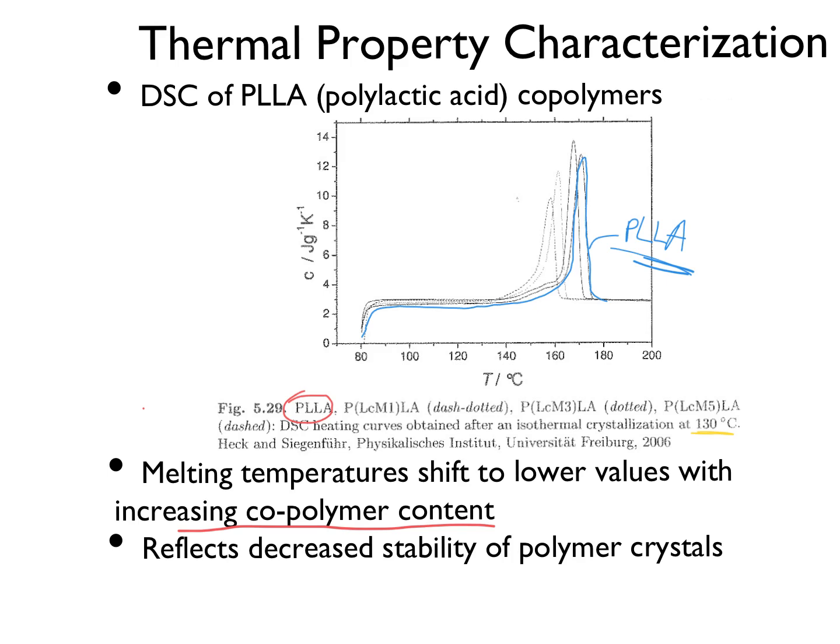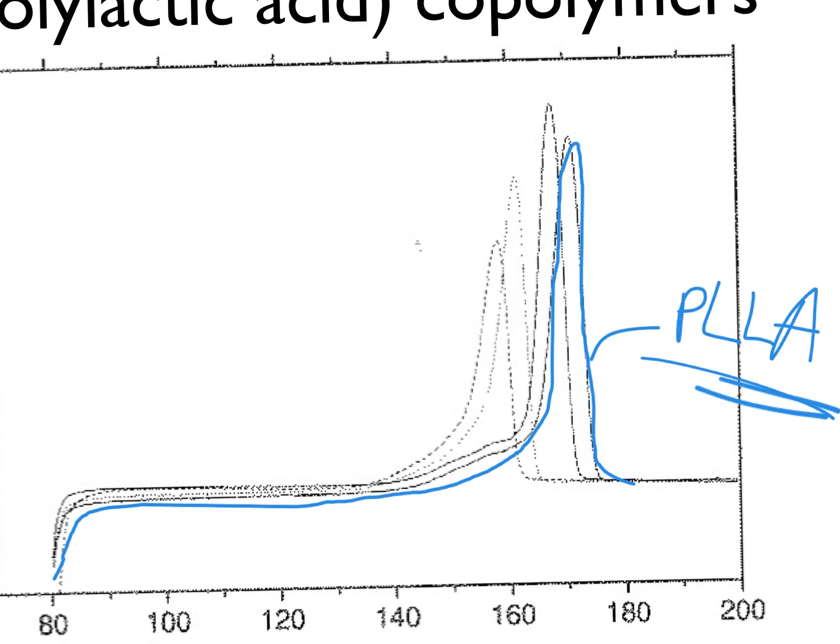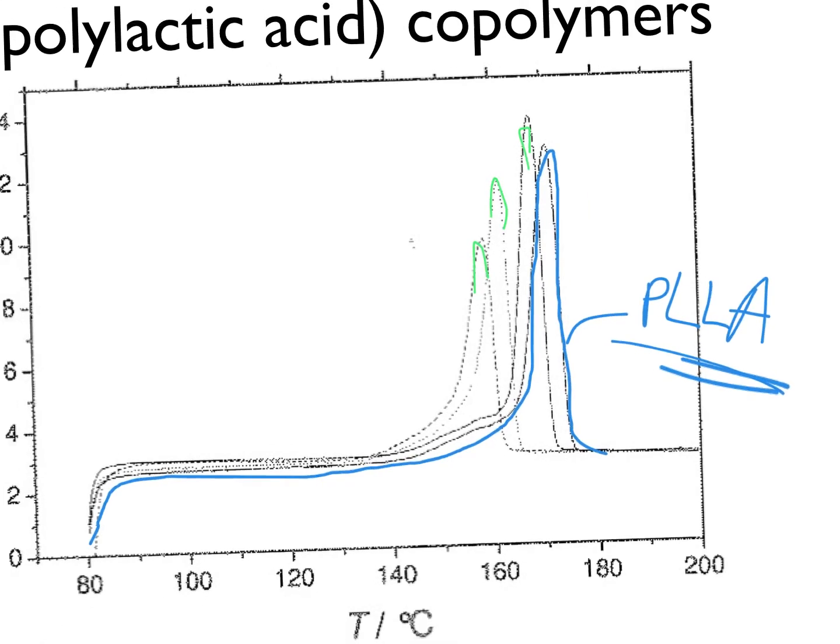We're forcing it to incorporate things that aren't PLA or aren't lactic acid. And so what we see in the data is it starts to shift to lower and lower temperatures as we add more and more copolymer. Again, we do a separate experiment, isothermally crystallize at 130 degrees C, pull that out, stick it in the DSC, and these are the traces that we get in that DSC experiment.